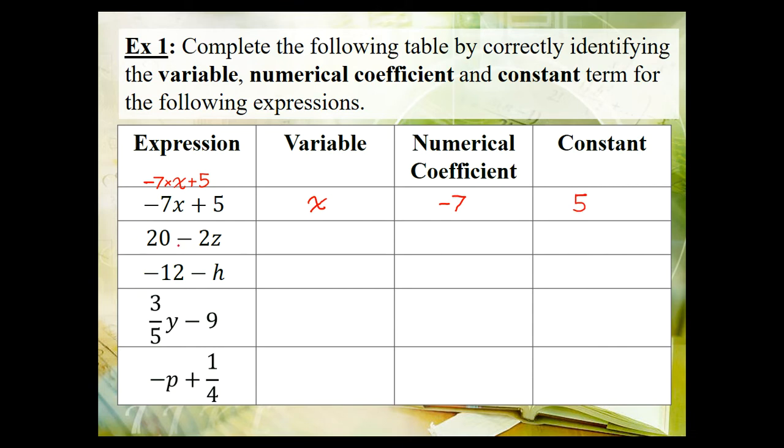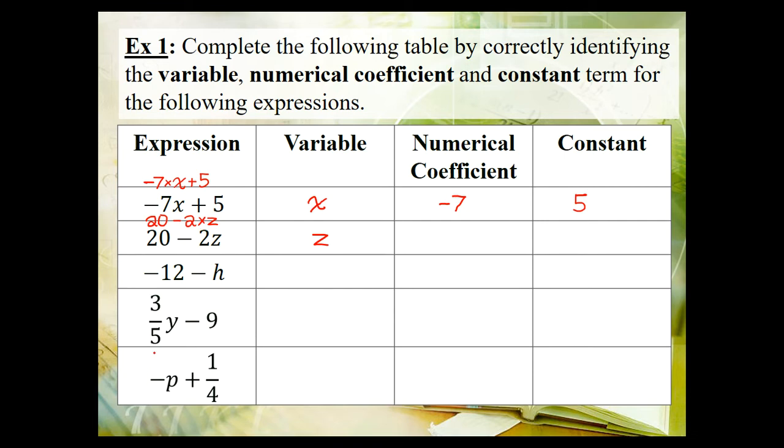Okay, this expression is a little more tricky to look at. So first things first, what's the variable? Again, it's the obvious one. It's the letter, so we're going to use z to represent that. Now, what's the numerical coefficient going to be? Well, if we write this out, this would be the same thing as writing 20 minus 2 times z. So in this case, what's attached to the variable through multiplication?